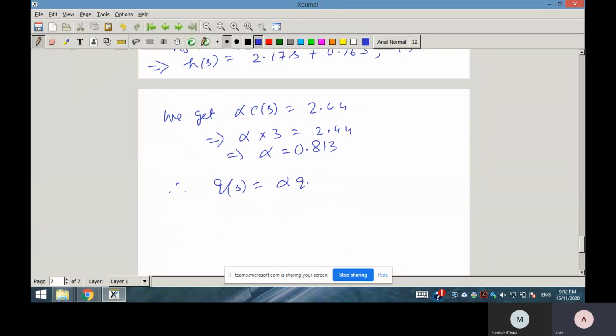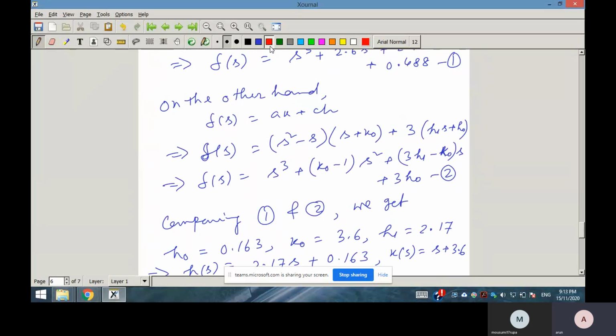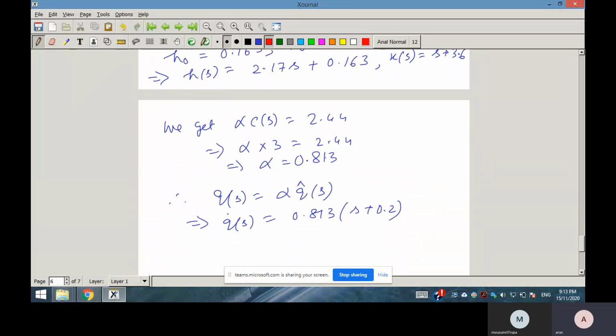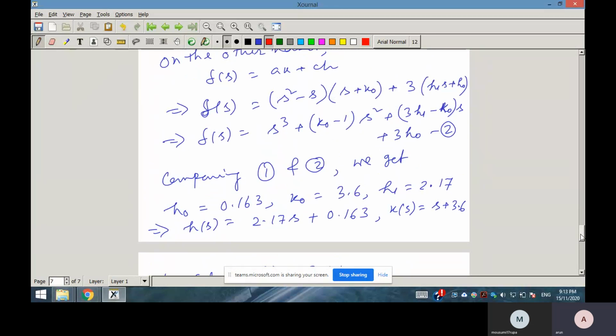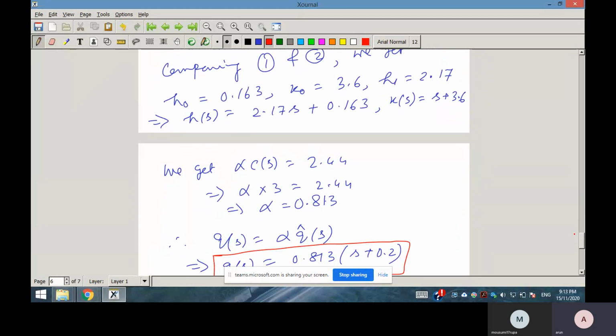QS equal to alpha into Q hat S, so QS will be equal to 0.813 into (S plus 0.2). So this is one choice of Q hat S. This is your QS, this is your HS, and this is your KS.